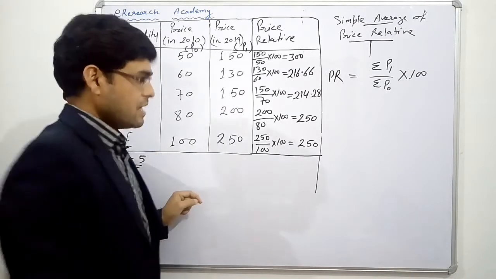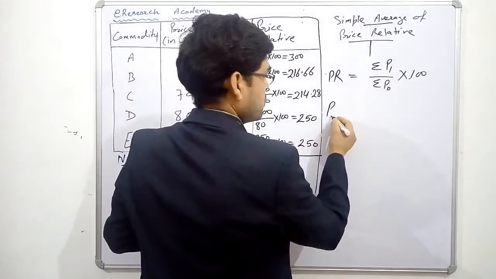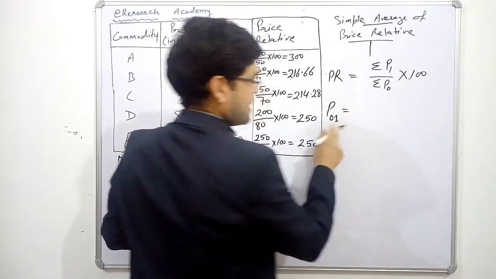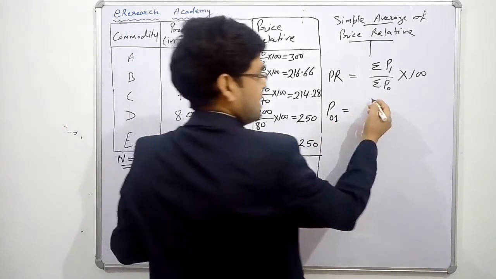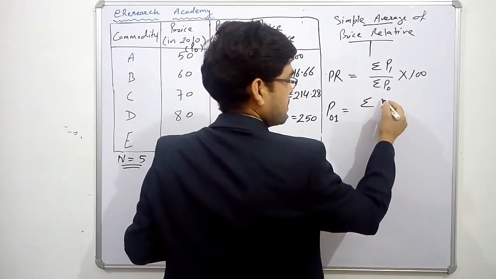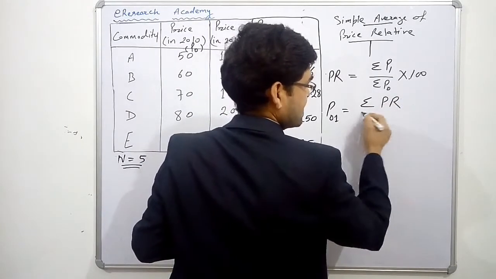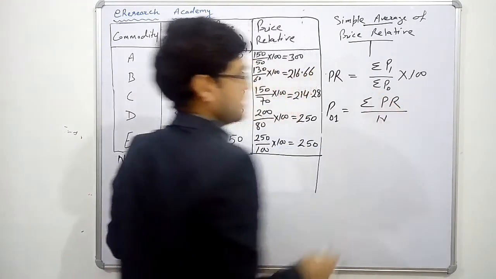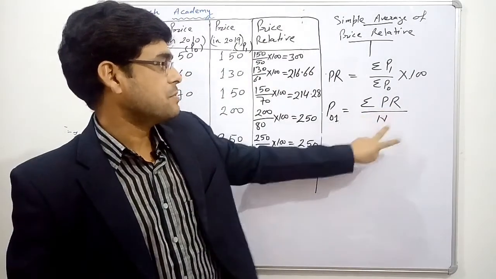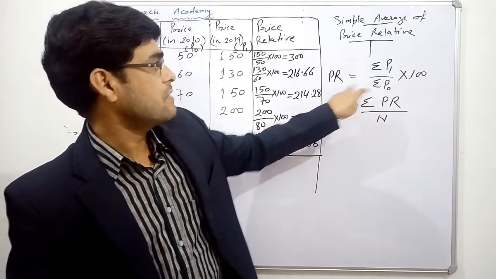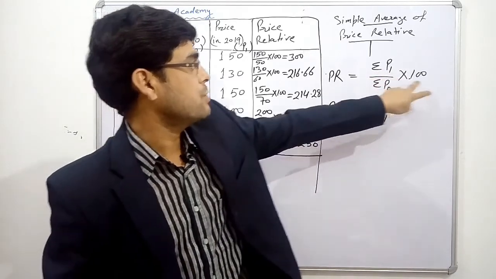Next, we have to construct a price index number for year 1 on the basis of year 0. This is the summation of all price relatives upon n. So the formula becomes summation of all price relatives upon n, where price relative is P1 upon P0 into 100.